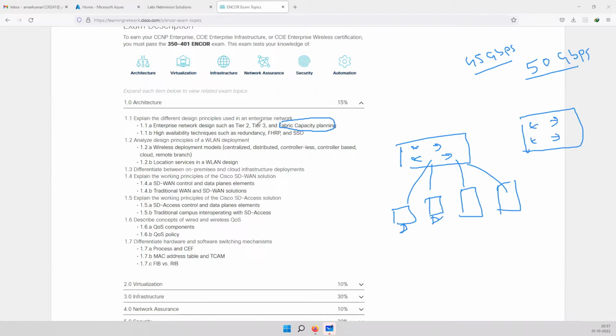In tier 3 we are going to talk about legacy network design, which was access layer, distribution layer, and then core layer.